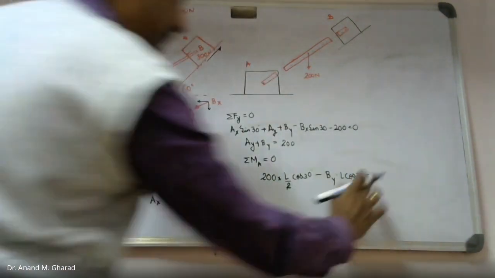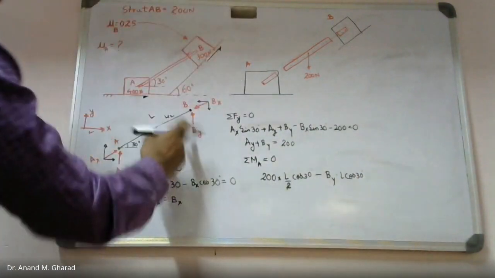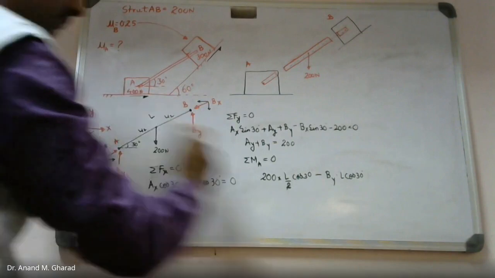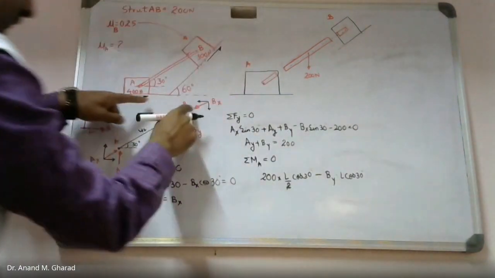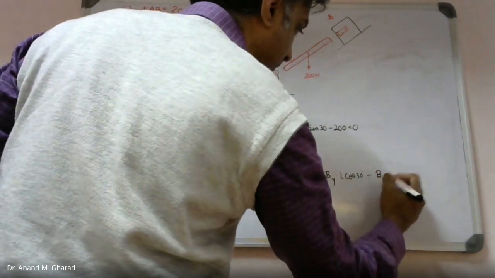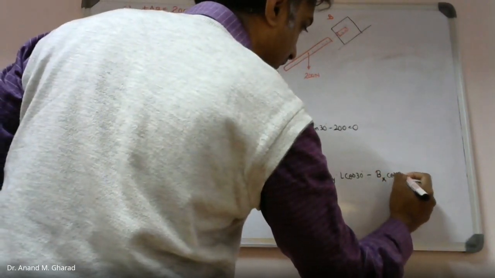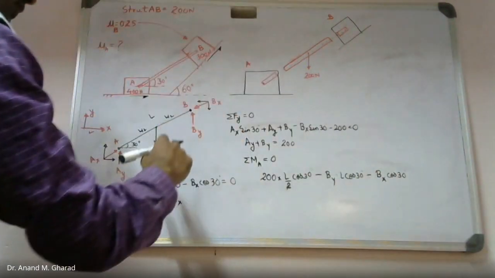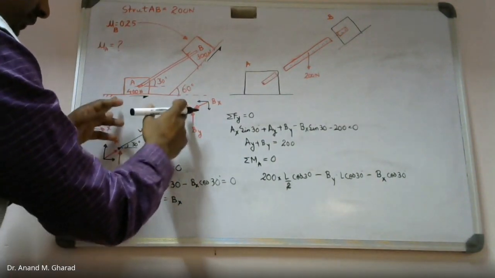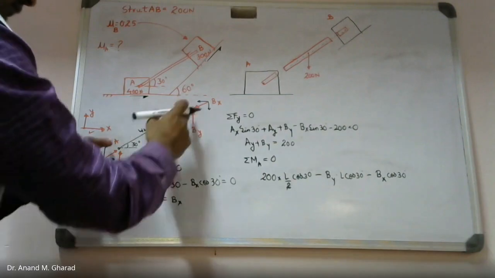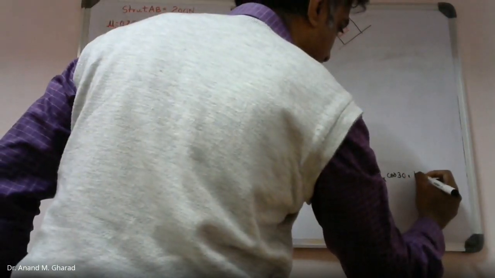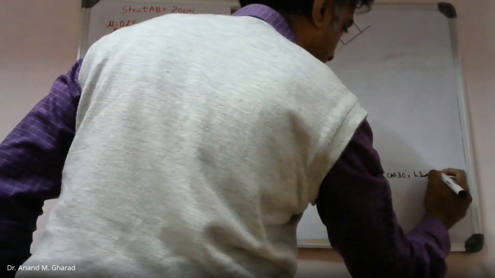One more term, that is Bx cos component. So this will be creating anti-clockwise moment, minus Bx cos of 30. And what will be the perpendicular distance associated to it? Which will be into L sine 30.